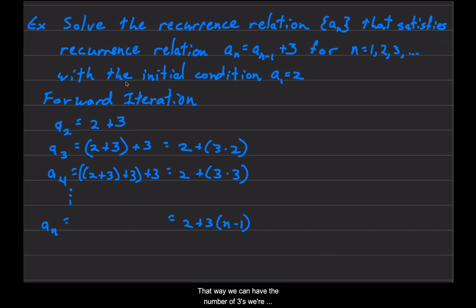That way we have the number of 3's we're multiplying by is the number element in the set minus 1. And this forward substitution method of iteration allows us to see these patterns and develop a formula quite easily.